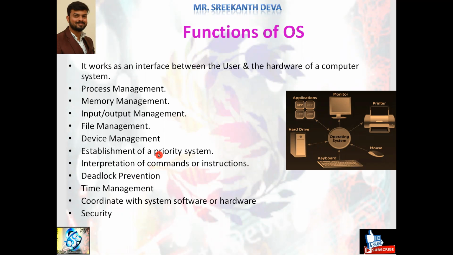Automatic transitions from job to job as directed by special control statements are also taken care of by the operating system. During program loading or execution, errors may occur in the computer's hardware or memory. The operating system detects such errors and takes appropriate actions to ensure correct and consistent computing.